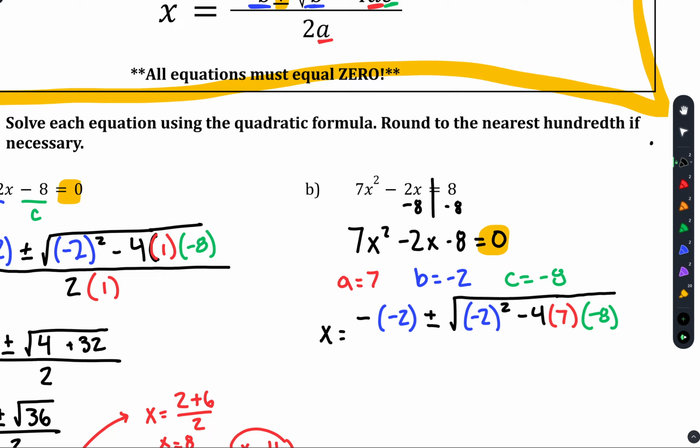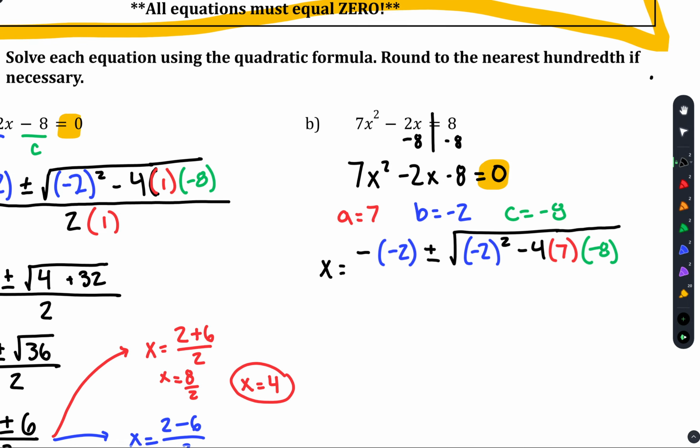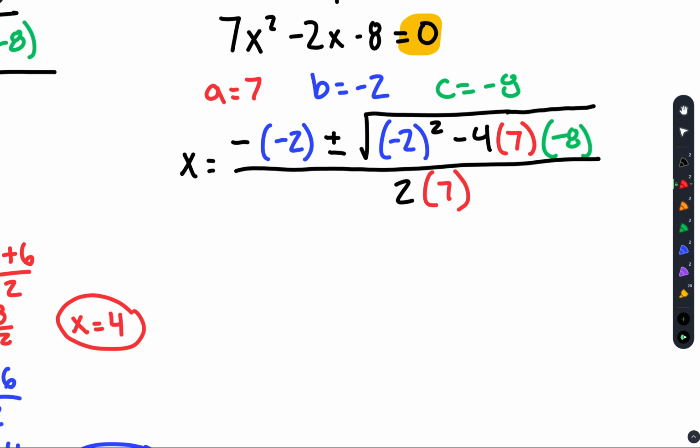Sometimes you have to extend your little square root symbol to fit. That's okay. And then it's all over what? 2 times 7. Every single thing that I've plugged in is in parentheses. I've written the entire thing. All my notation is good here. This is worth a full point.